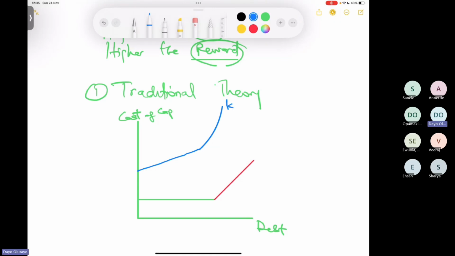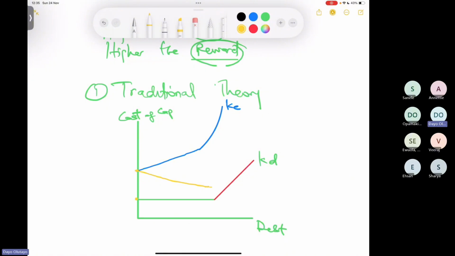So this is your cost of equity line. This is your cost of debt. The question is, what happens to WACC? For traditional theory now believes that for WACC, since cost of debt is this low, cost of equity is here. Definitely, the more you take debt, the lower your WACC will get because debt is cheaper.